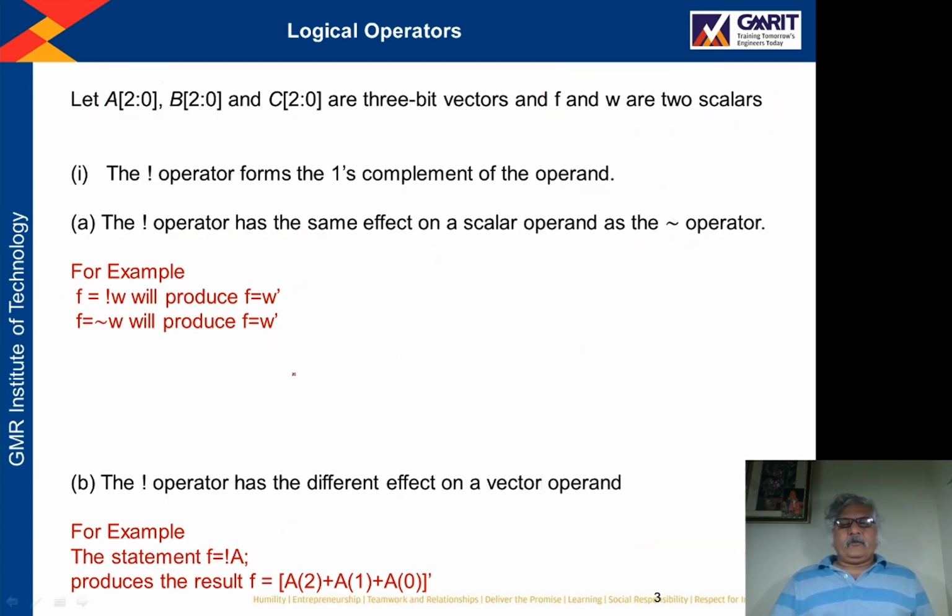Now let us assume A is 1 1 0, right? And we have written this statement F is equal to exclamation A. Then what will happen? So basically the OR operation of these 3 bits will be performed.